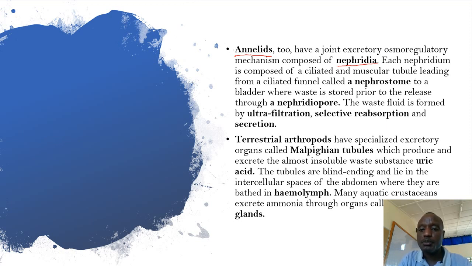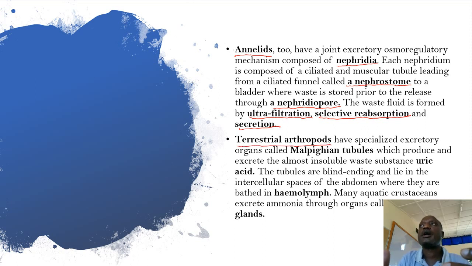They have structures like the nephrostome and the nephridiopore, and there is the mechanism of ultrafiltration, selective reabsorption, and secretion. So they also reflect all these stages as they discharge their waste product.